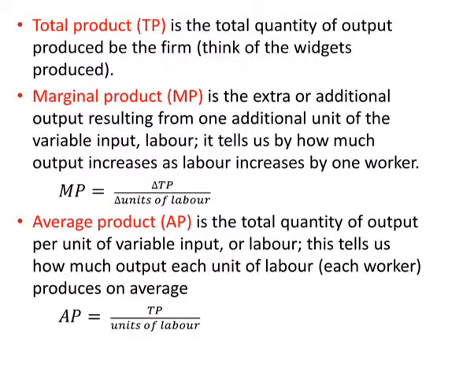We looked also with the paper chain activity at total product, marginal product, and average product. And they're listed here for your reference because you may well have to calculate these quantities and ratios in a paper 3 quantitative question. Total product, of course, being the total quantity produced, in the case of the paper chains, the links.